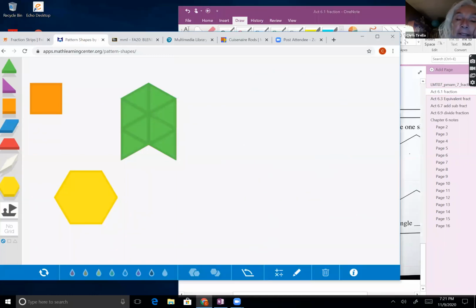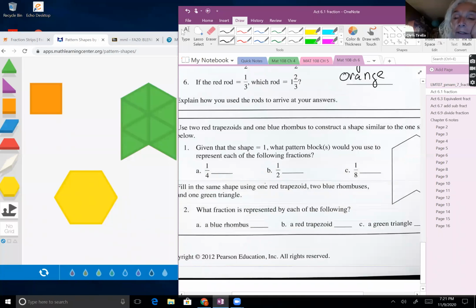Did anybody else get that they could fill in that basic shape with 8 triangles?